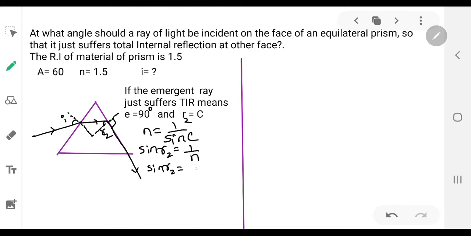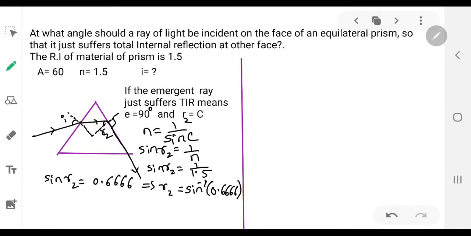Sine of R2 is equal to 1 upon 1.5, which is 0.6666. So R2 you can calculate by taking the sine inverse. Sine inverse of 0.66 gives the R2 value as 41 degrees 48 minutes. This is the value of R2.